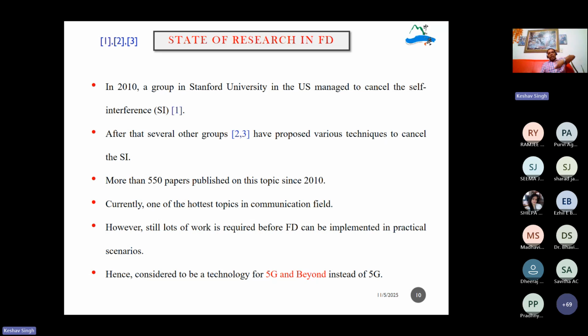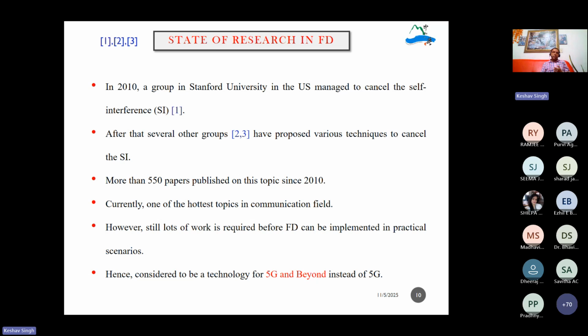Nowadays, it started in 2010, from one group at Stanford University. In 2010, Goldsmith, I think she was an assistant professor there, pointed out that full duplex is not going to be a reality. Later on, at Rice University, another group developed some analog cancellation techniques.